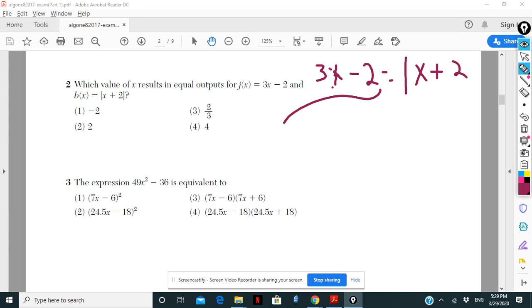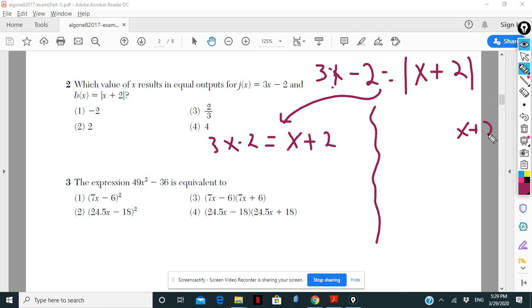I have two ways. Either x + 2 equals the positive value 3x − 2, or x + 2 equals the negative value of 3x − 2. I'm solving both pathways to find the answer.